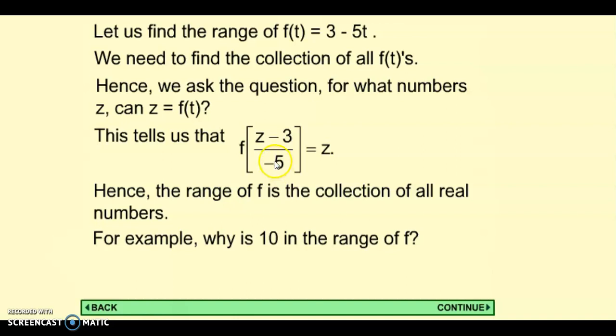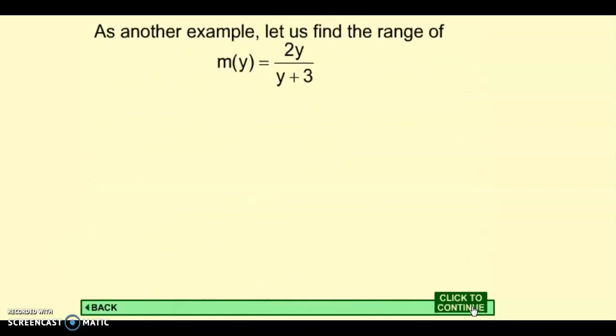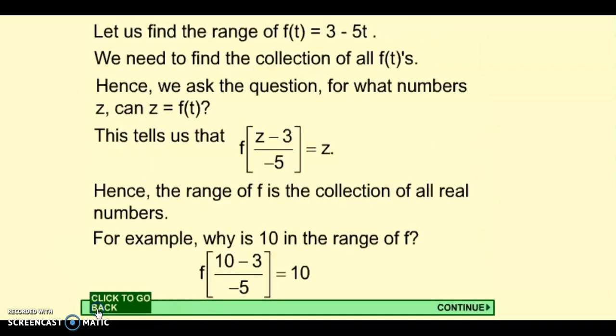If you are inserting minus 7 by 5 here, your answer will be equal to 10. Why? Because we have taken z as 10. So if you are inserting minus 7 by 5 in this equation, it will be satisfying it.